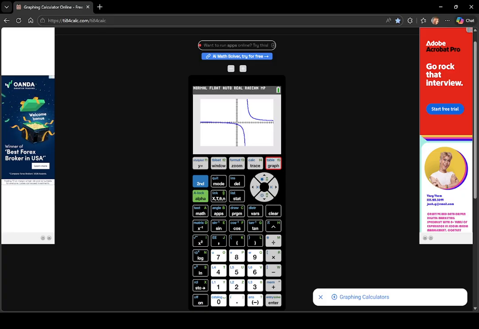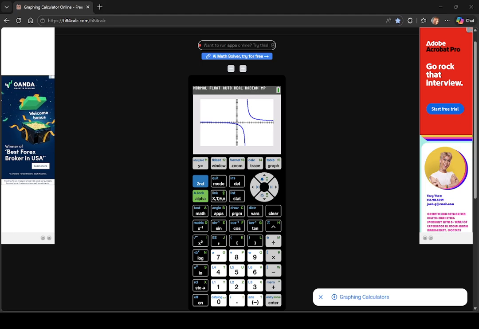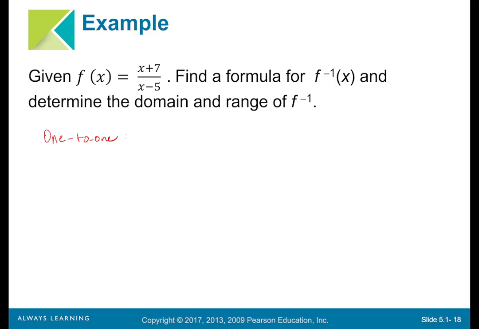Looking at the graph, we've zoomed out a little bit. You can definitely tell that the bottom graph never intersects with the upper graph. And so we do in fact pass our horizontal line test. So we are good to go here. Back to our example. One-to-one, yes.